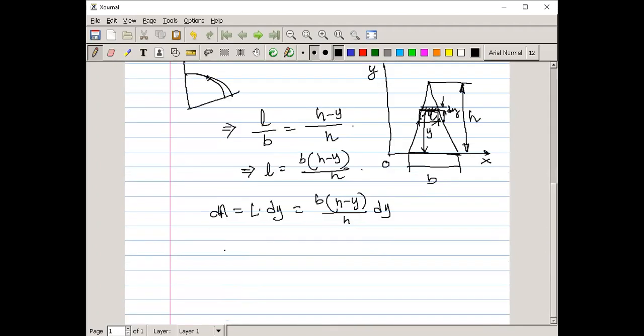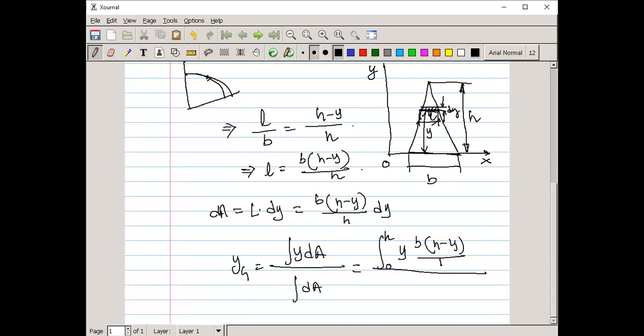For the area case, yg is equal to integration of y dA by integration of dA, instead of l it is dA. So what we have to do is only set the upper limit and lower limit for y, and dA is nothing but b times h minus y by h dy.